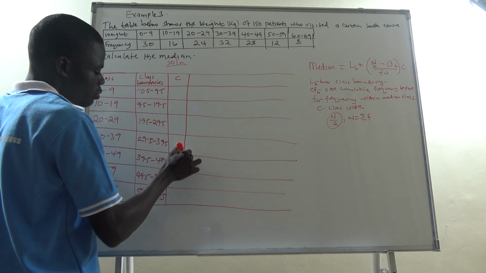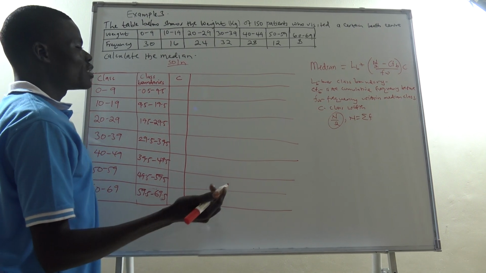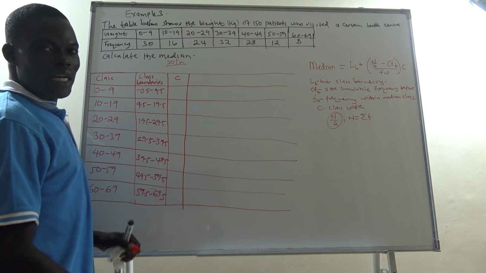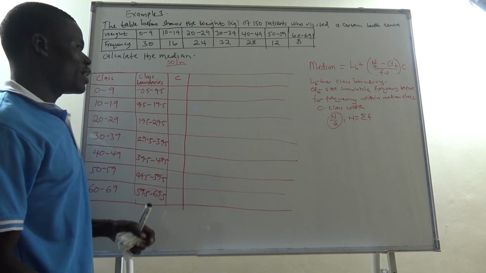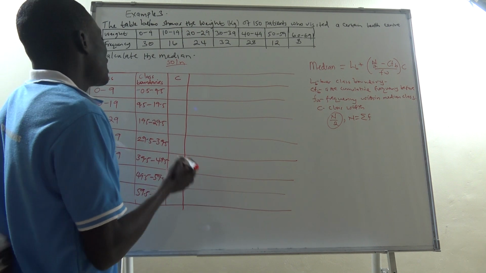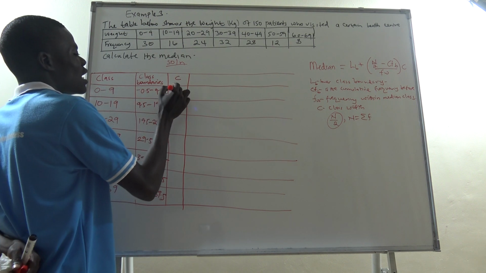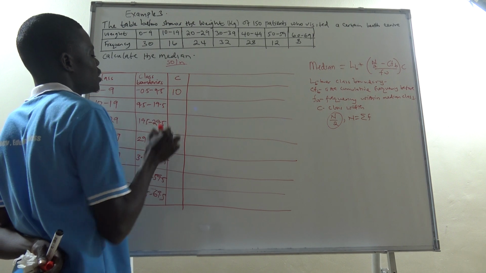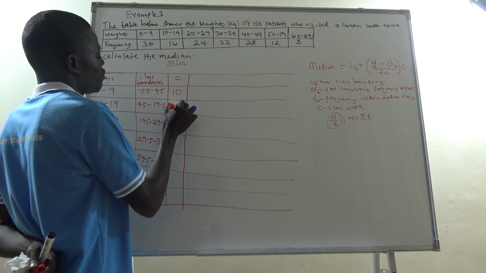So you can go ahead and get what we are calling the class width C. Also it has no problem even though you get it from here. The class width, we said you get the upper class boundary minus the lower class boundary. So you get 9.5 minus negative 0.5, which is 9.5 plus 0.5, which is 10. Then 19.5 minus 9.5, we still have 10.